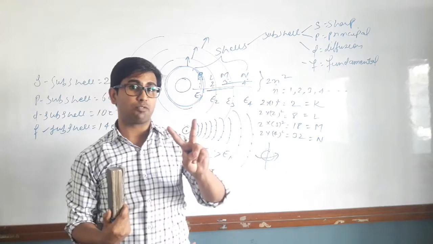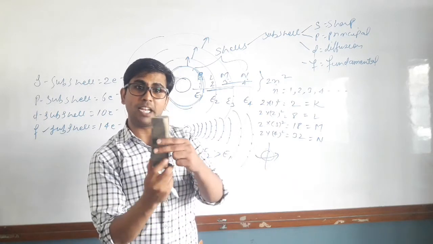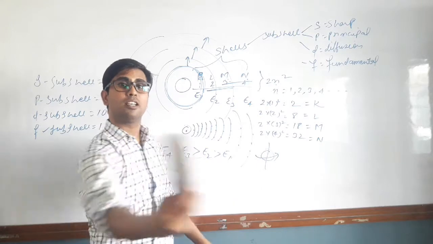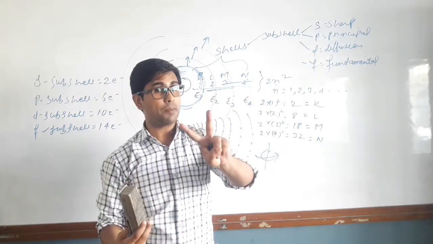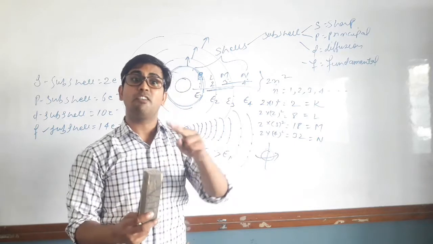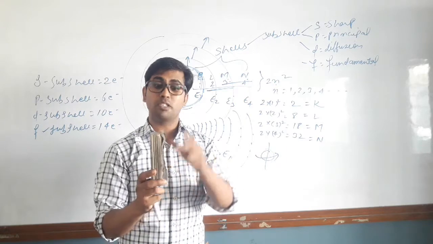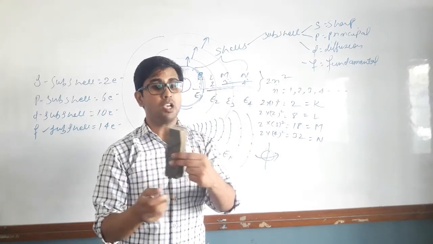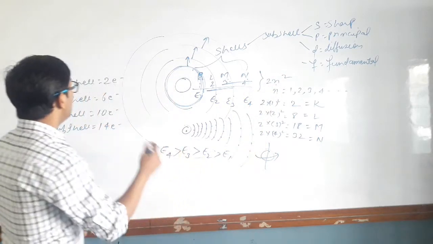So it has 2 types of motion: orbital motion, orbital angular momentum, and spin angular momentum. It spins on its own axis and also moves in the orbit with respect to the nucleus. So there are 2 types of motion, but the energy level of any electron can be known by knowing its rotation, because the higher the energy of the particle, the higher its rotation will be. So rotation will be higher if energy is higher.